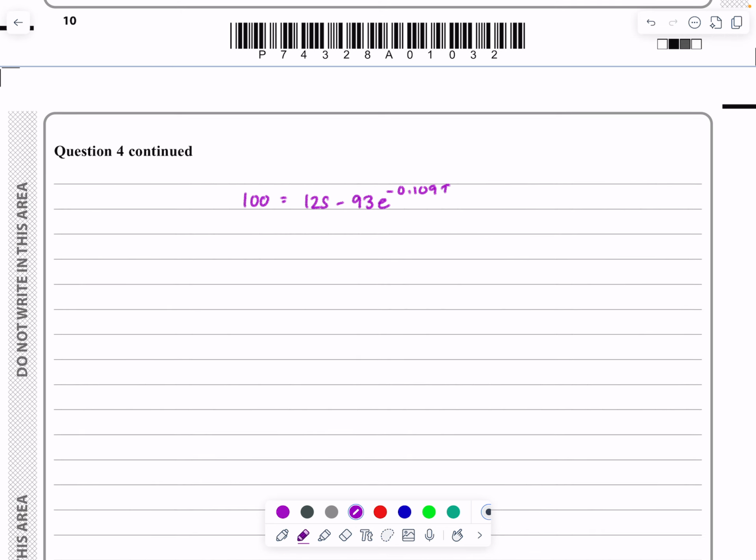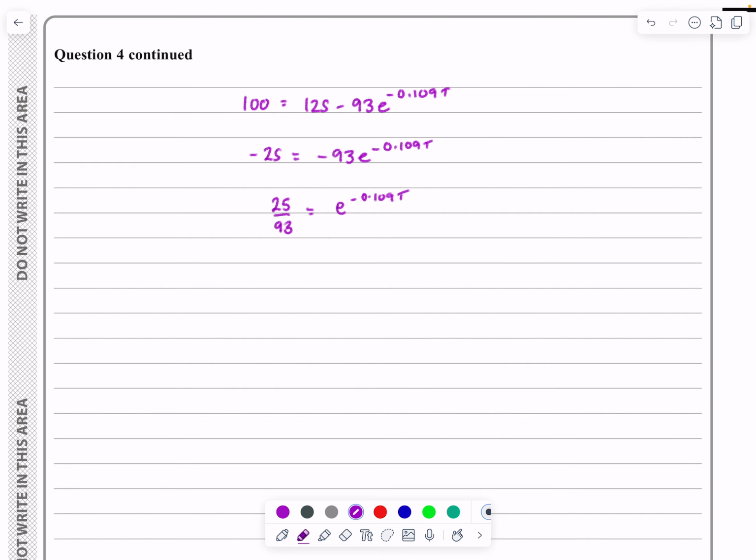So take 125 off both sides, divide both sides by minus 93, and we get that this is equal to e to the minus 0.109t. At this stage, log both sides.